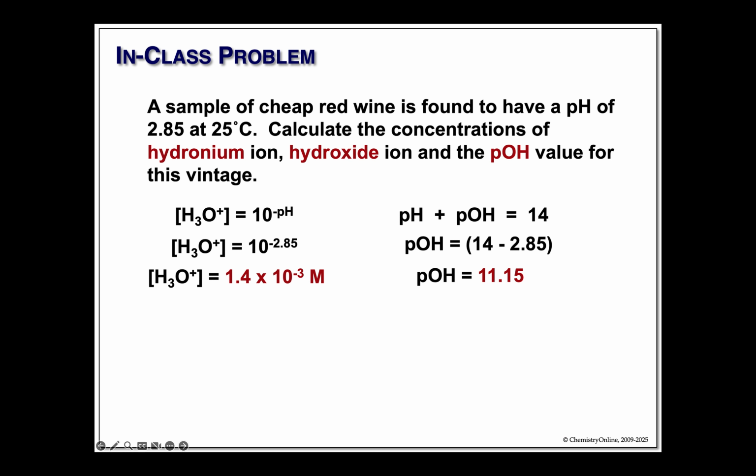And hydroxide, you can do hydroxide using 10 to the minus 14 divided by this, or simply take this and do 10 to the minus pOH. They both work, they're both simple. 10 to the minus 11.15, 7.1 times 10 to the minus 12 molar.